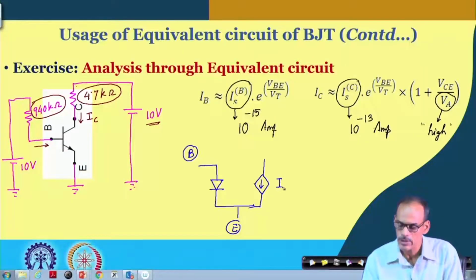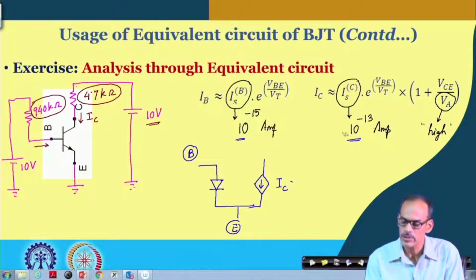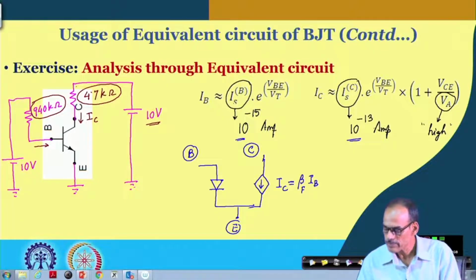So, I c equals, now if I compare this I s and this I s, and take the ratio, that gives us beta equal to 100. So, we can say that beta f is 100 multiplied by I b. For the time being let us ignore the early voltage, assuming it is very high. So, we do not require the additional conducting part, and we have the collector here. So, that is the model of our BJT.